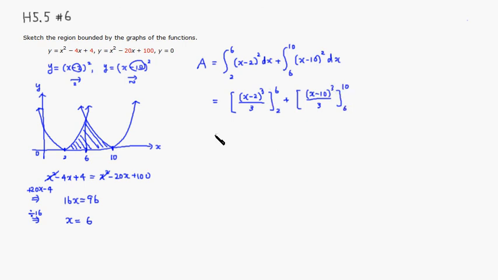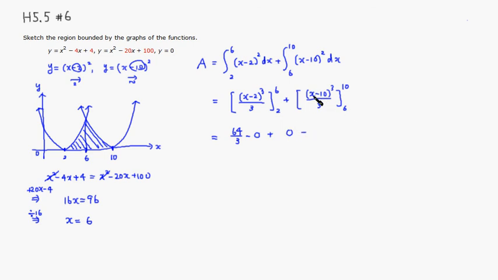So evaluate that. Plug in 6: 6 minus 2 is 4, 4 cubed is 64, over 3. And if you plug in 2, it's actually 0. Plus, plug in 10: 10 minus 10 is 0.